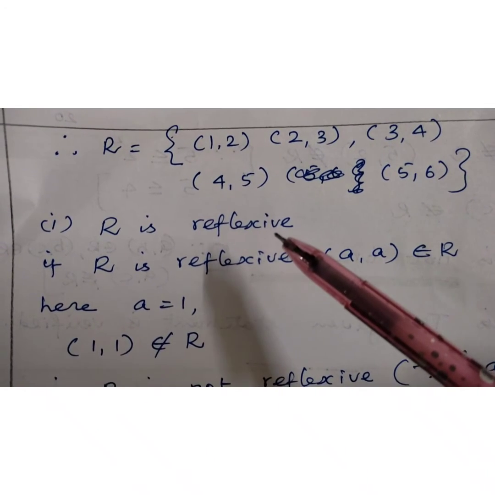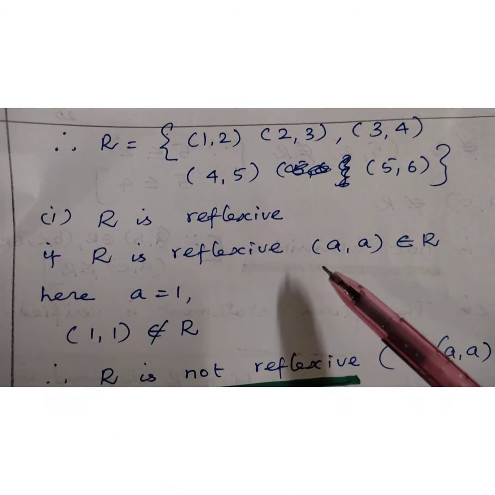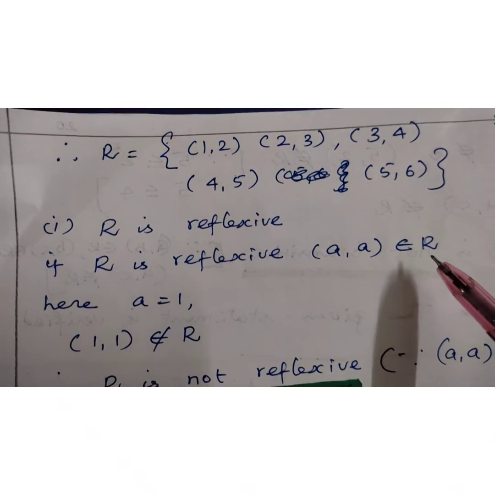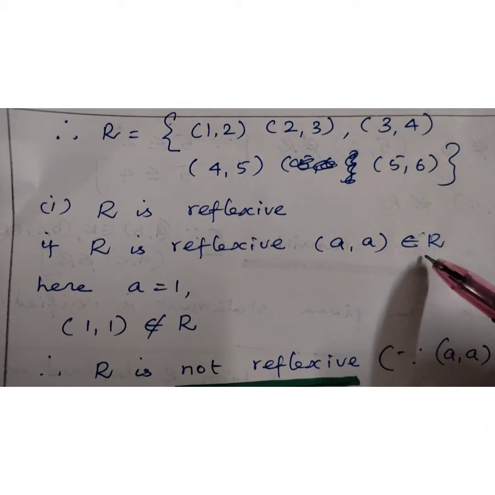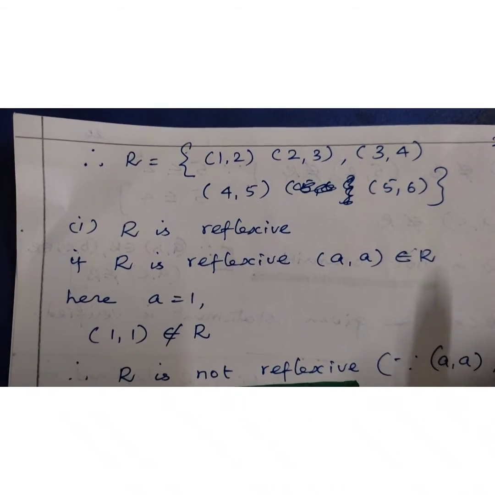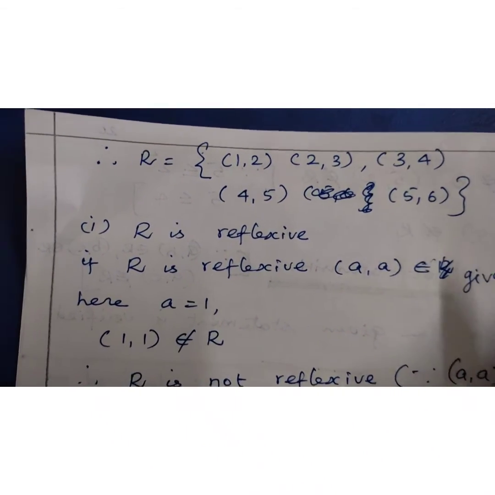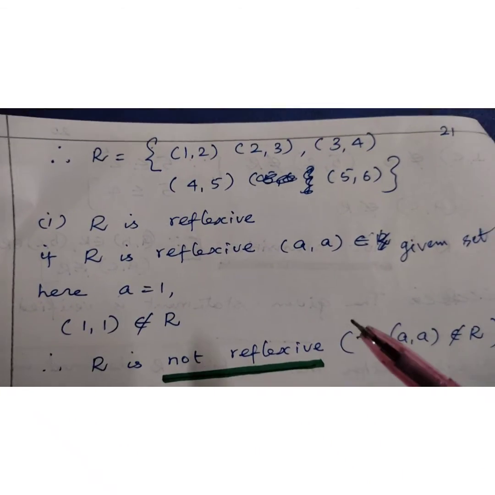this relation R is reflexive or not. If R is reflexive, the condition is A comma A belongs to R for every A in the given set. Okay.